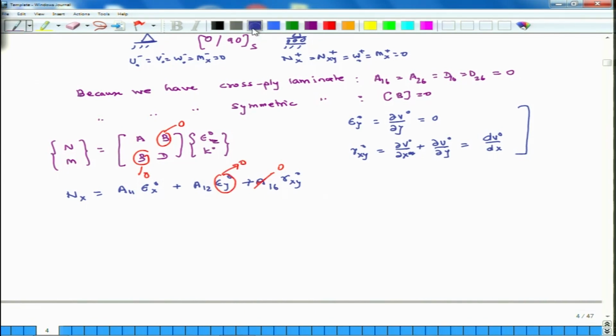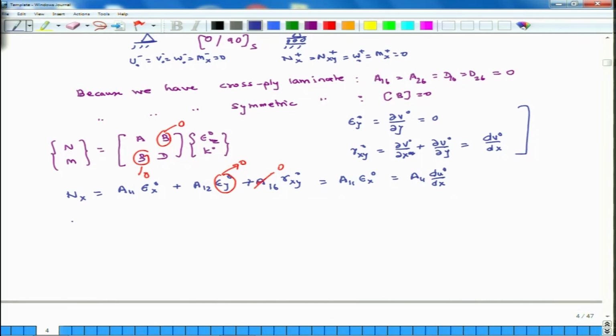So, Nx becomes A11 epsilon x naught, and what is epsilon x naught? It is du naught over dx. It should have been a partial derivative, but because of this semi infinite plate it is a total derivative. So, it just simplifies to this thing.